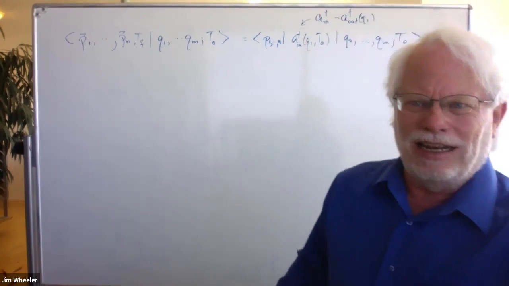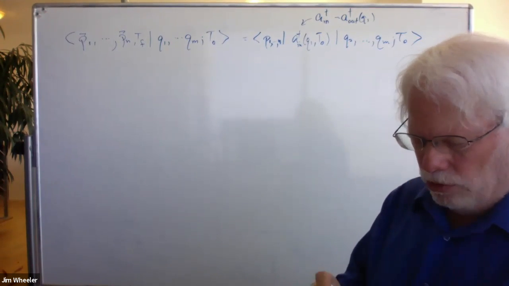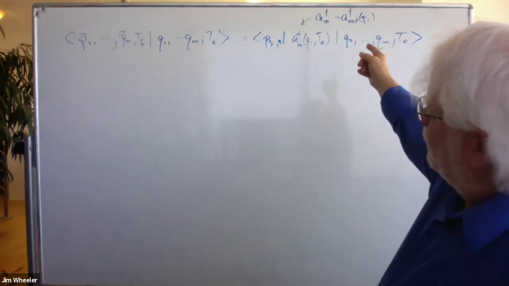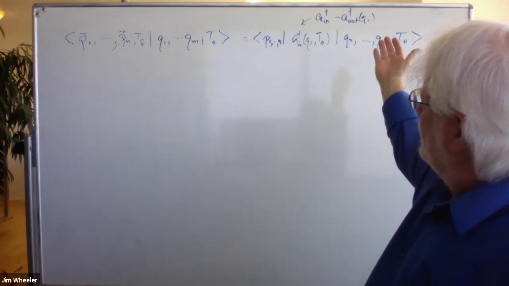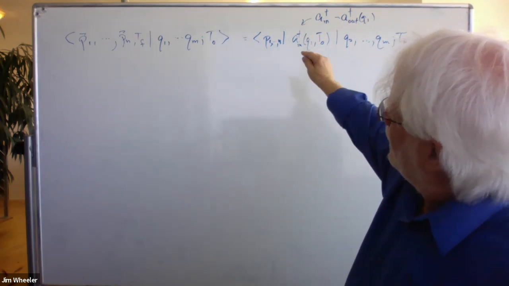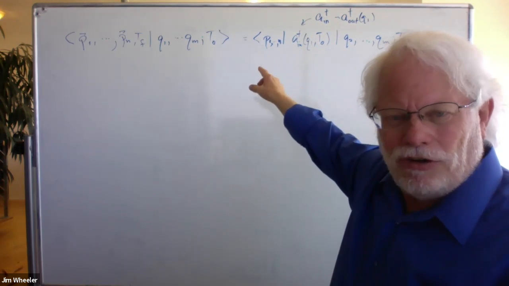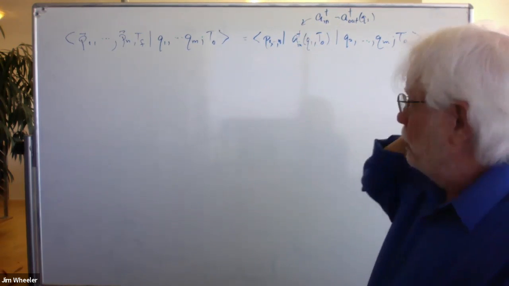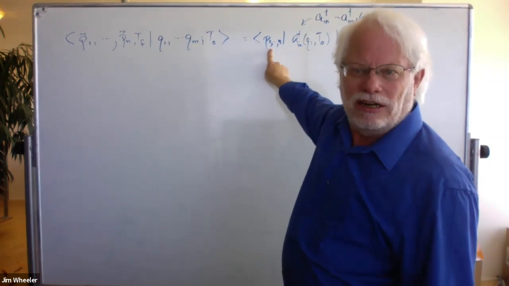And I can make that replacement because we're assuming that everything scatters. So if that a_out adjoint is looked at as an annihilation operator acting on the final state, it's going to give 0 because there is no q1 in the final state. So I can add this for free because it's going to give 0 when it acts here.